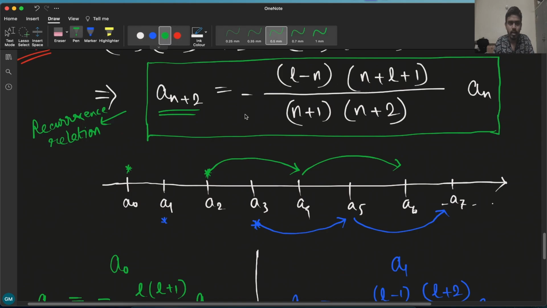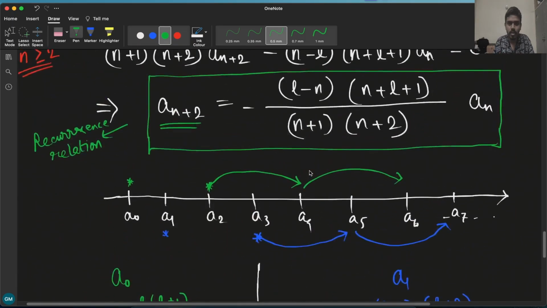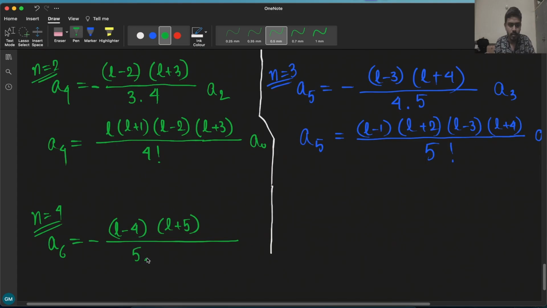So l plus 5, and in the denominator, 5 times 6, it is 5 times 6 times a4.